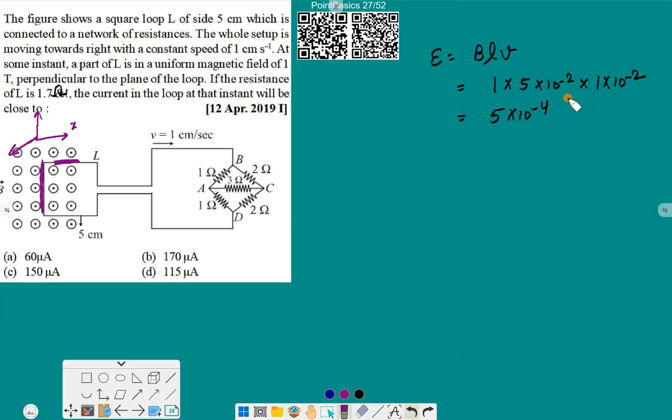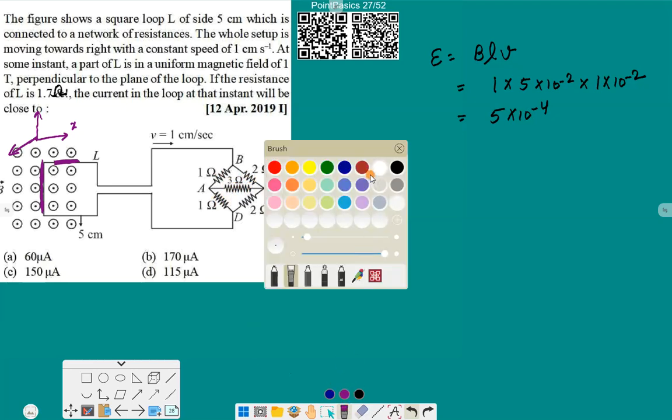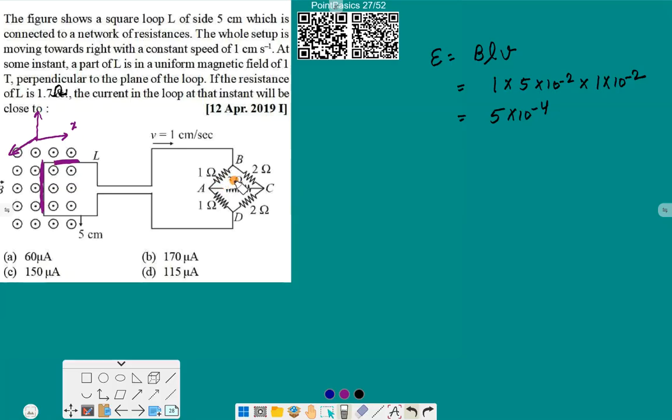Now let's come to the resistance part of this setup. As we can see here, these two points B and D are connected, so 1 by 2 and 1 by 2, this is a balanced Wheatstone bridge. So this internal resistance will be neglected, and if this is neglected, we have 1 plus 1 equals 2 ohm in parallel with 2 plus 2 equals 4 ohm.